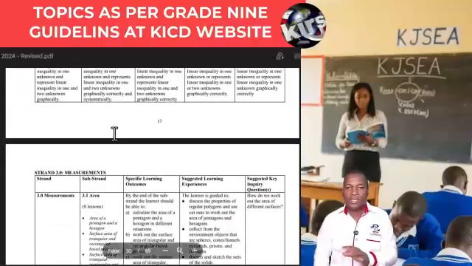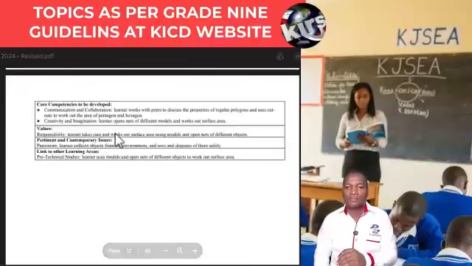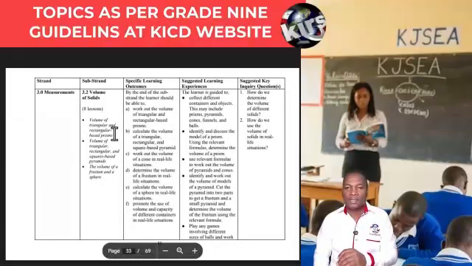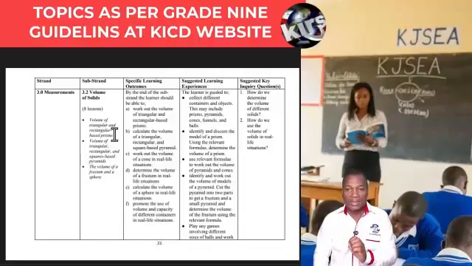Then we have measurements. And after that, volumes of solids. This is a topic which is taught in Form 2, and it is quite detailed if you look at the way it is taught in Form 2 with the 844.